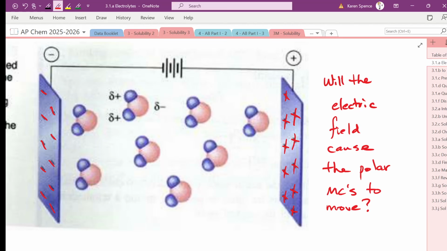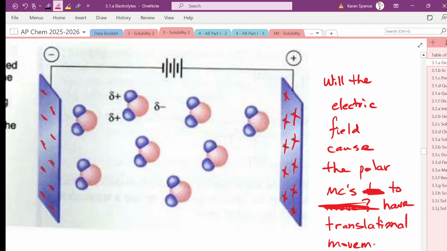So will it cause the polar molecules to have translational movement? Do you guys know what translational movement is? Yes.